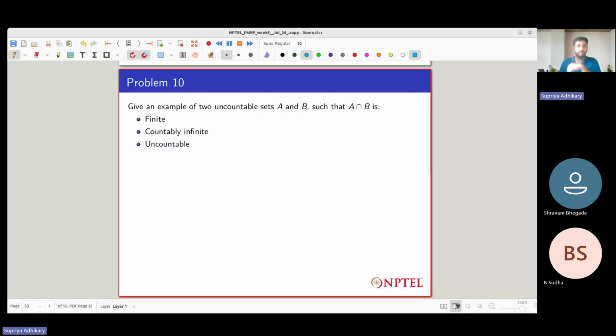Now we have to find some examples of two sets A and B such that their intersection is finite, countably infinite, and uncountable. So suppose we take A to be the closed interval from 1 to 2, and B the closed interval from 2 to 3, and we take the intersection of them.